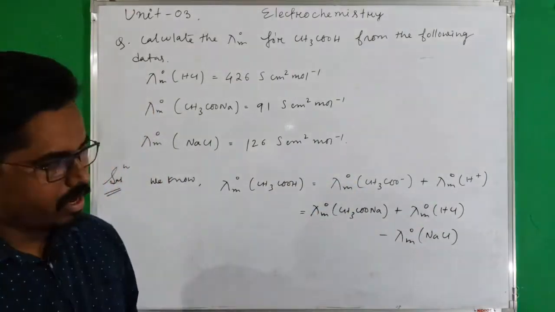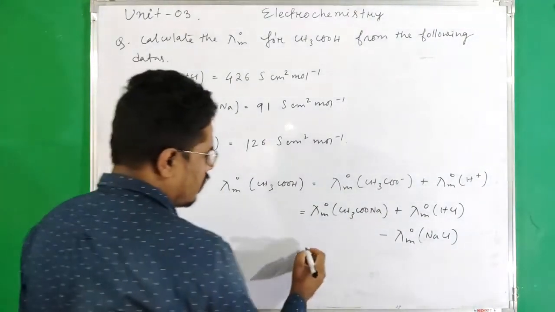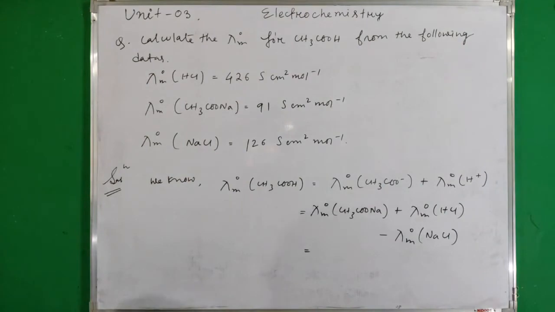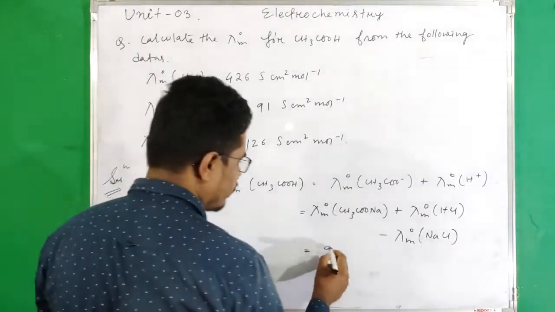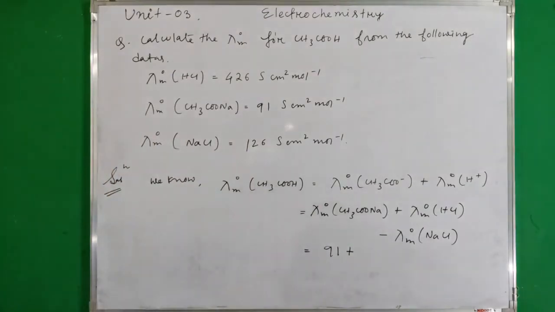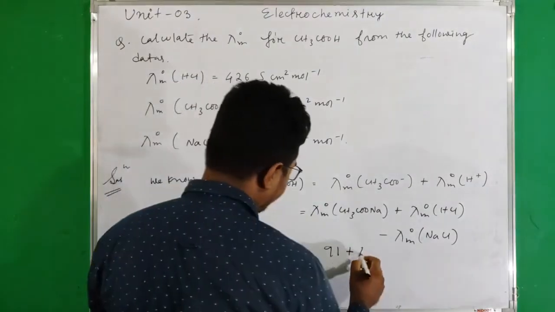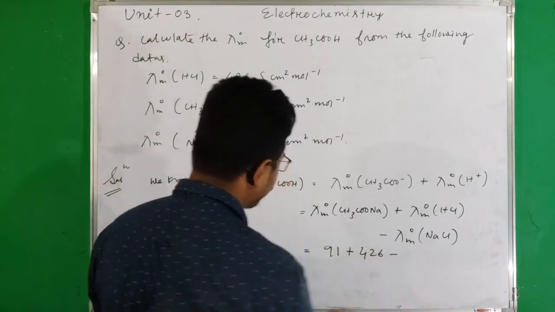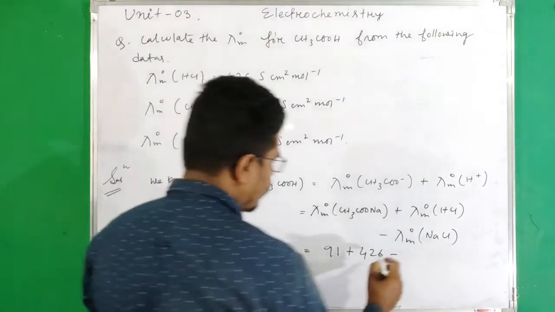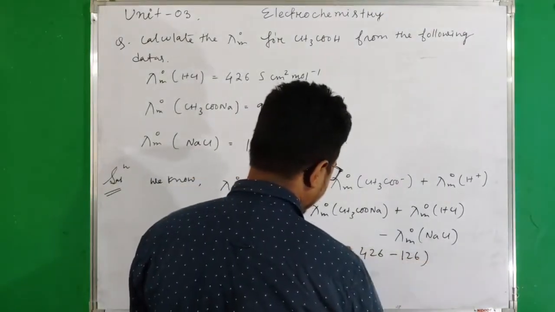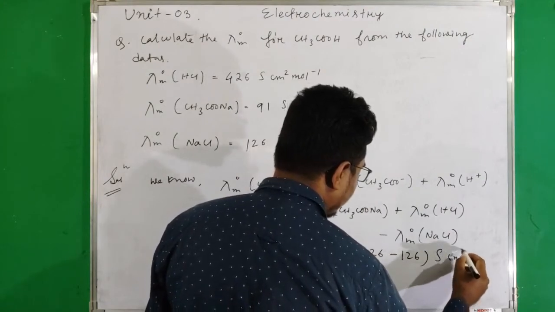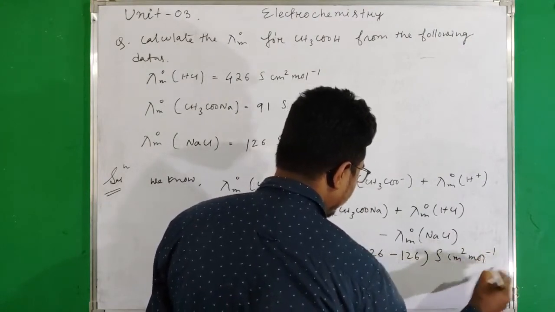So now we will put the values. The lambda m naught for sodium acetate is 91, plus the lambda m naught for HCl, 426, minus the lambda m naught for sodium chloride, 126. They all have the same unit, centimeter square per mole.